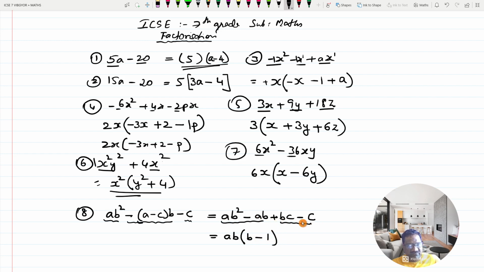From the second group of these 2 terms, if I take plus C as common, in the bracket I'll get B, and here there'll be a minus, and C into 1 is C, so minus 1. Now can you see here I'm getting these 2 brackets same.